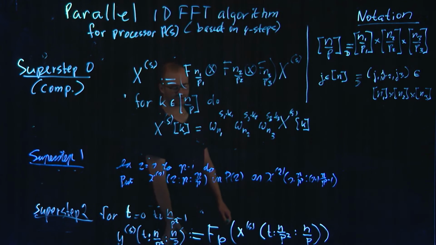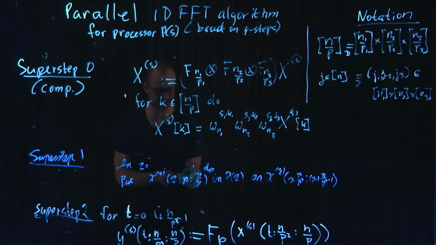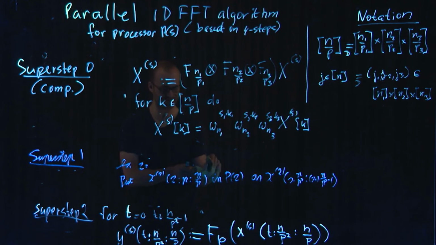So the communication step is barely any different in higher dimensions. By this abuse of notation, we do not take a one-dimensional index, but instead, again, a three-dimensional index. So this becomes r in P, which is a three-dimensional index set of P1 times P2 times P3.